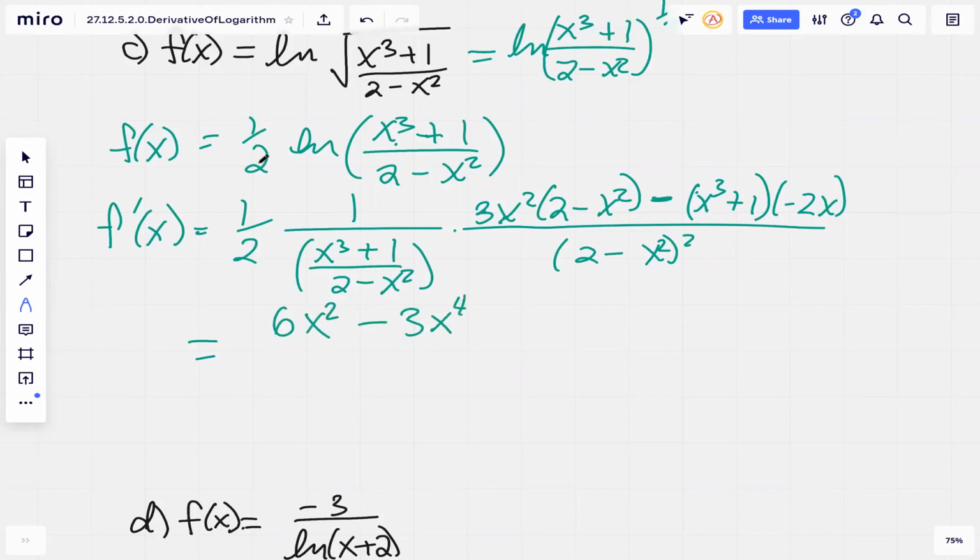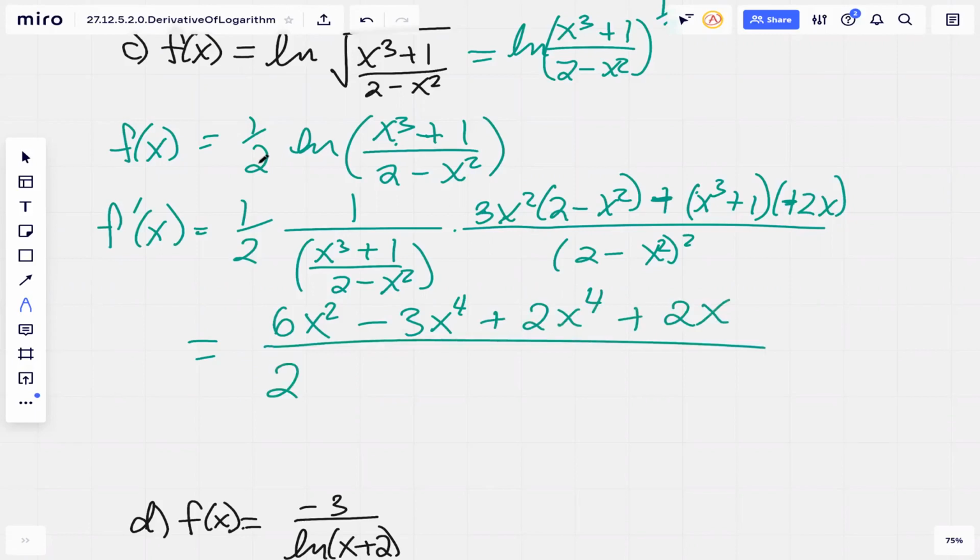Again, our negative here and our negative 2, together they make positive, plus 2x to the power 4 plus 2x, all over 2 times, we have our (x cubed plus 1). We have a common factor of 2 minus x squared. We cancel that out, times (2 minus x squared).